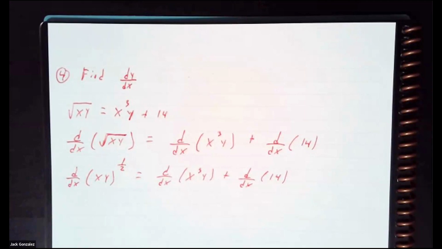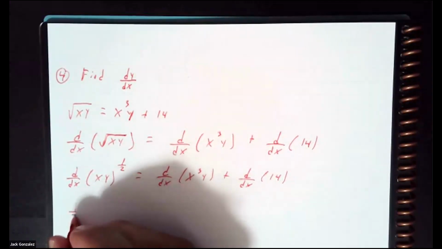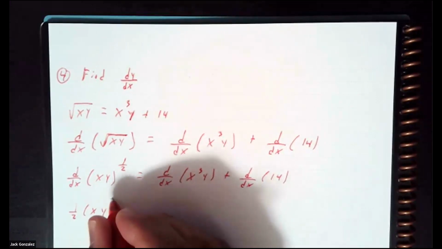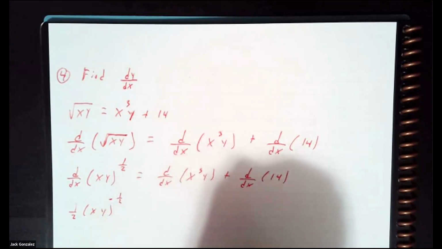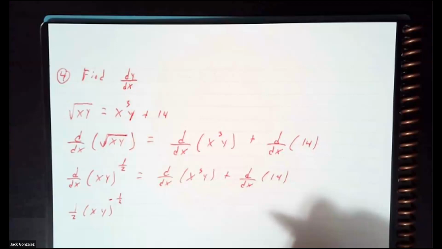You've got to do both. So you would do the power rule, right? Yeah. So it would be x to the minus 1.